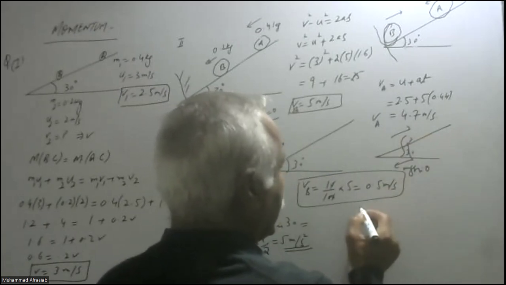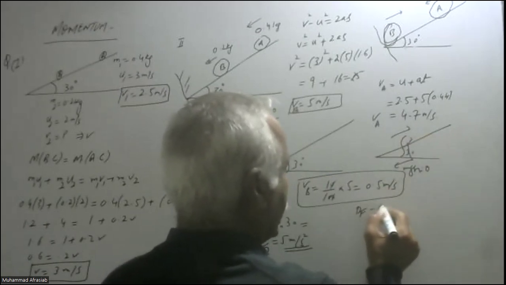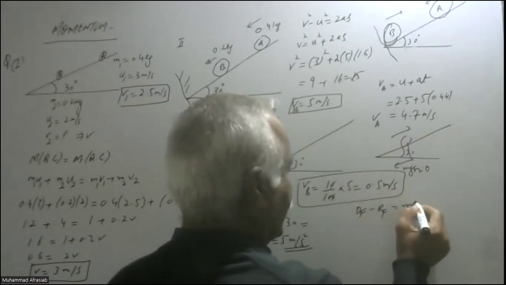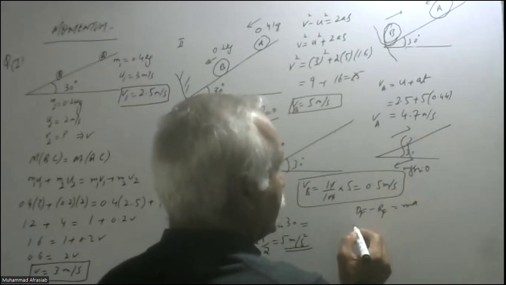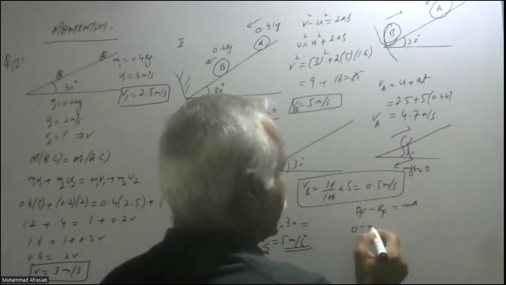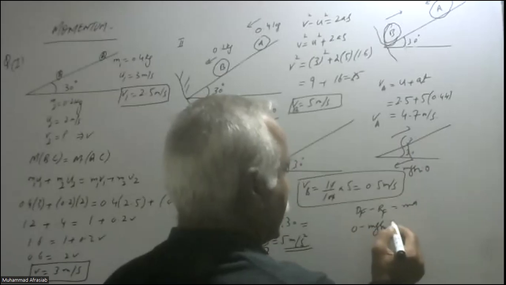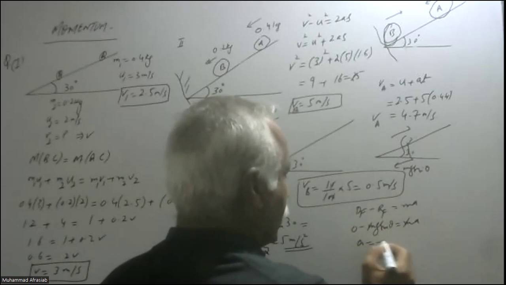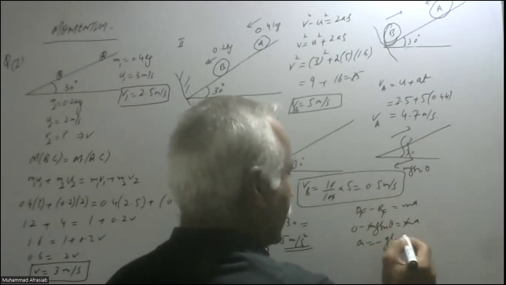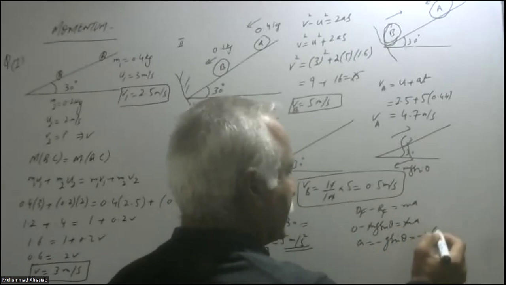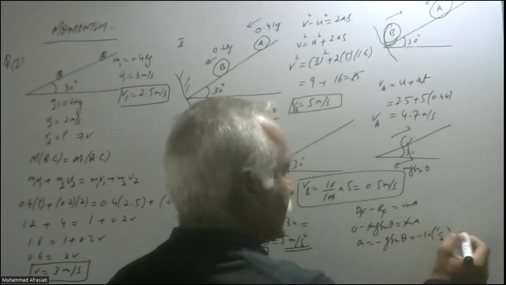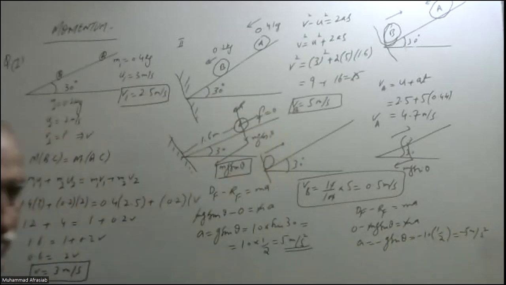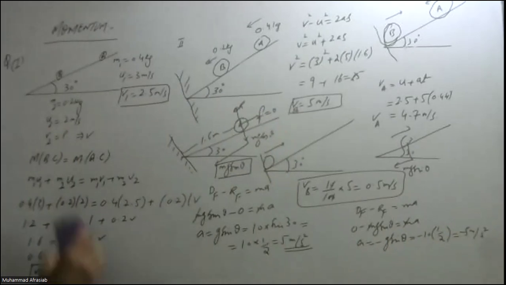If we use the equation driving force minus resistive force is equal to net force, the driving force is 0, minus the resistive force mg sin theta is equal to ma. So a is equal to minus g sin theta, that is minus 10 into half, which is minus 5 meters per second square.